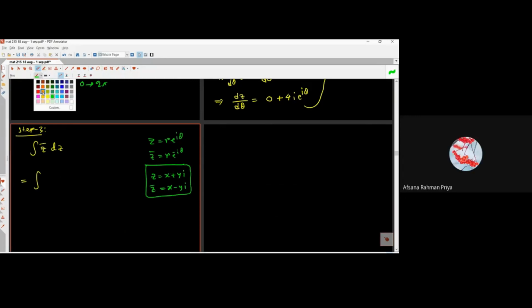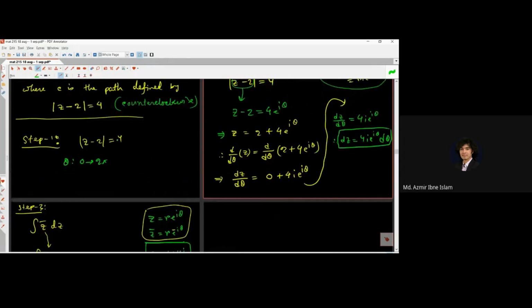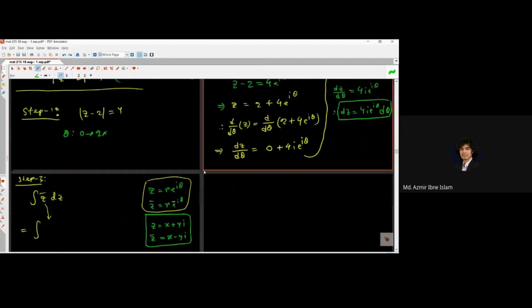Yes, sir. So we are taking r e to the power i theta because we have a circular region. So that's why this part is taken. So remember, if we have z equal to r e to the power i theta in polar form, its conjugate will be r e to the power minus i theta. So this part will be r. We have already defined r here. R is 4. That means the modulus is 4.